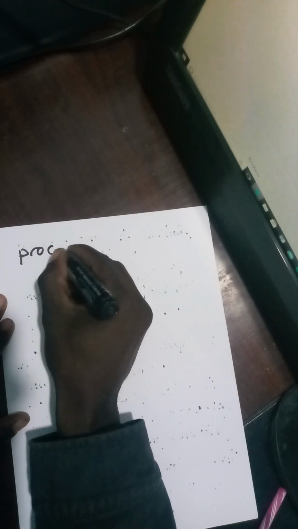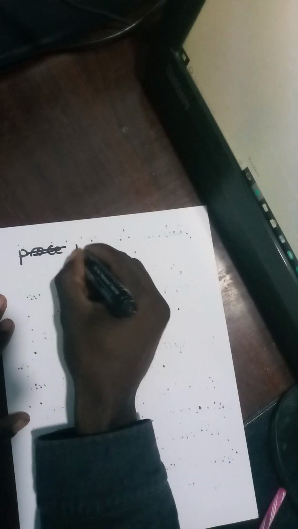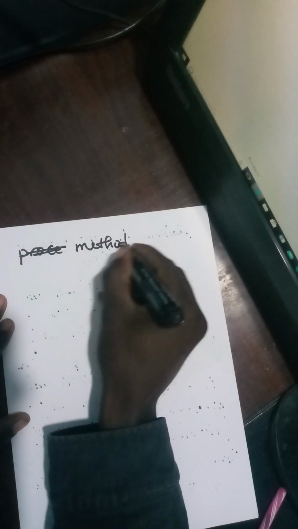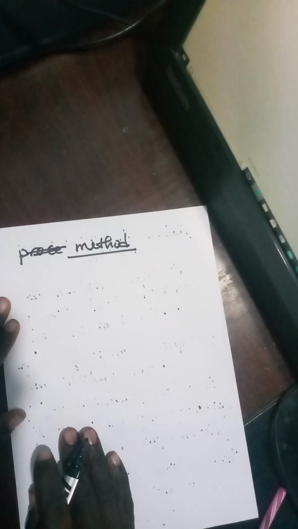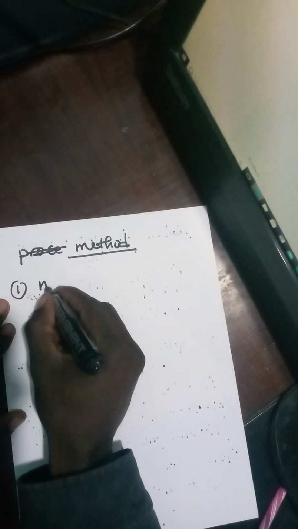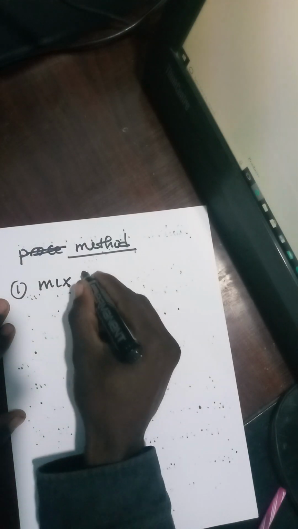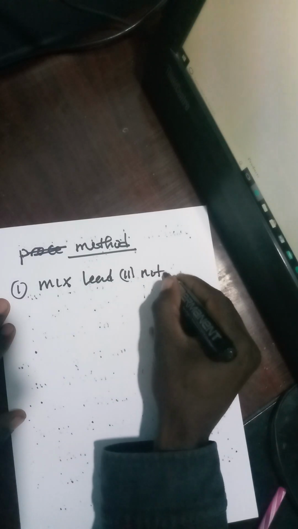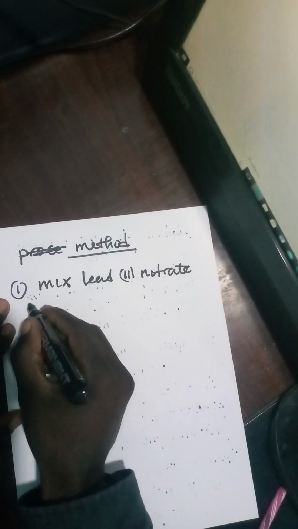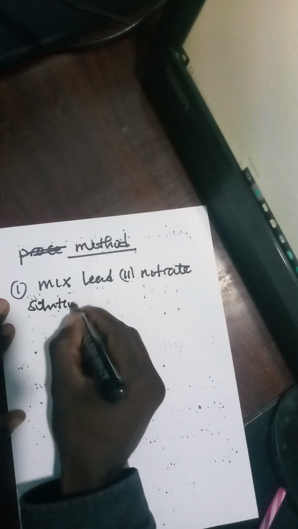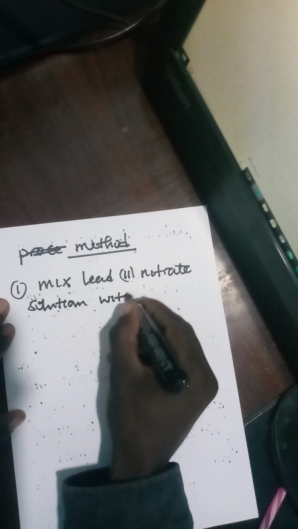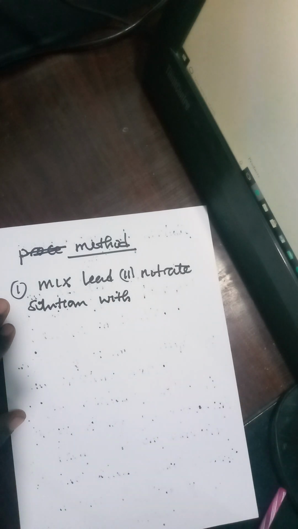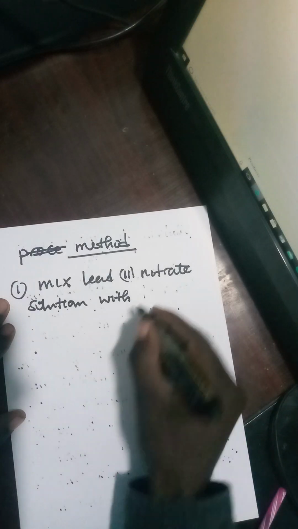So the procedure of the experiment, or rather let's say the method of how you're going to perform this in the lab. Number one, mix lead 2 nitrate solution with sodium chloride.